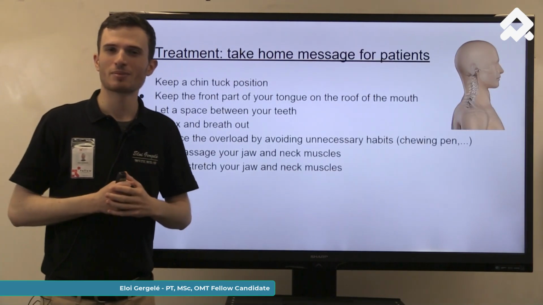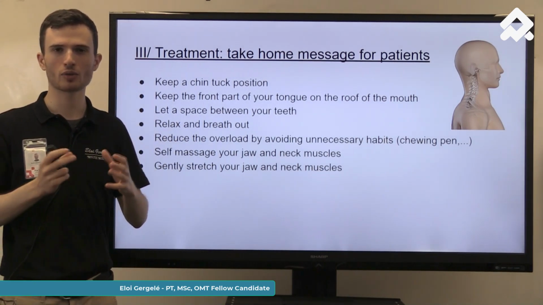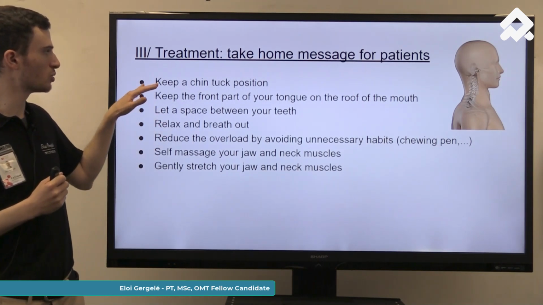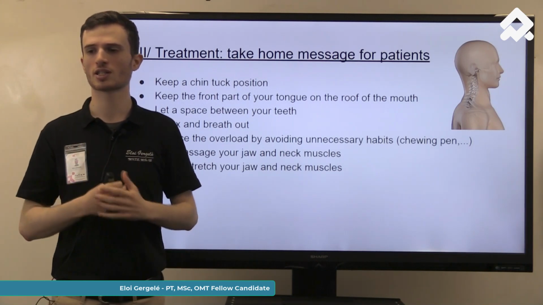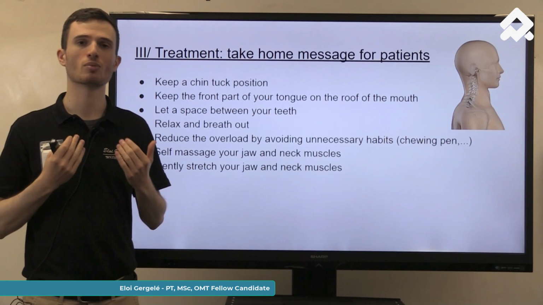So let me now do a quick recap for our patients, with a few tips that they can use. The first one would be to keep a chin tuck position to reduce tension in this area. Keep the front part of your tongue on the roof of the mouth.